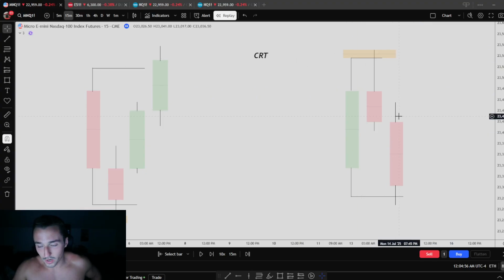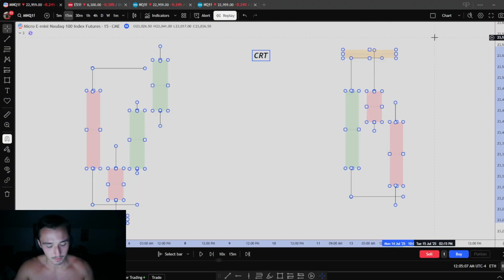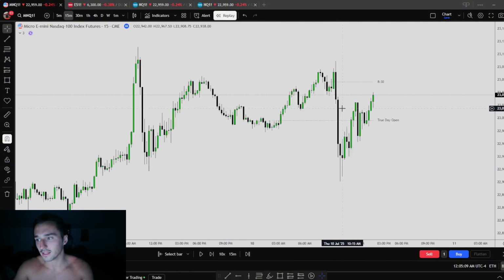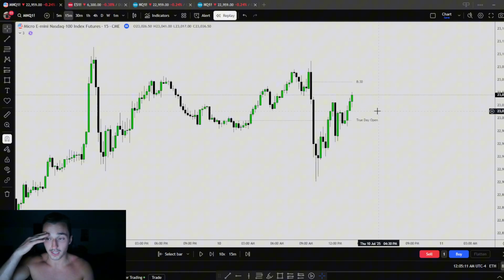Now, what do you want to do? Try to get in on this candle here, and then you target the low, and boom, same thing as the bullish. Just flip-flopped. So let's look at the charts, and I will show you guys what this will look like.